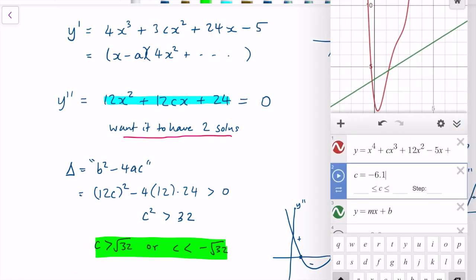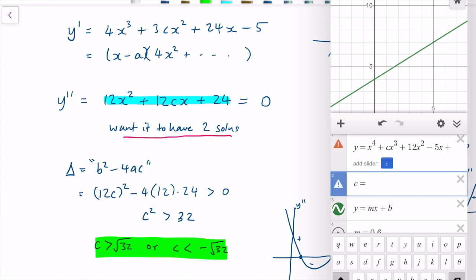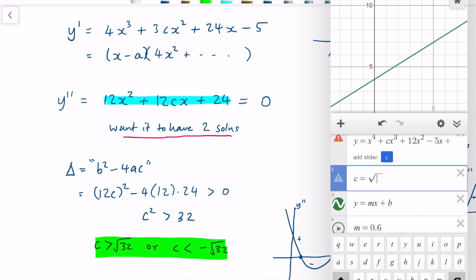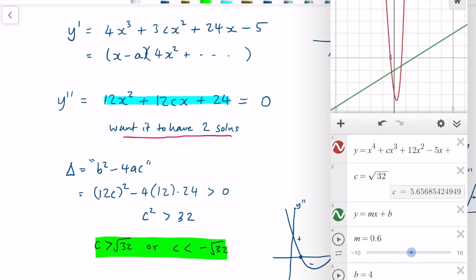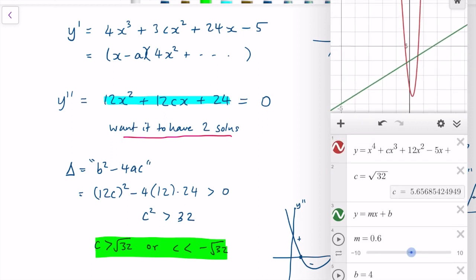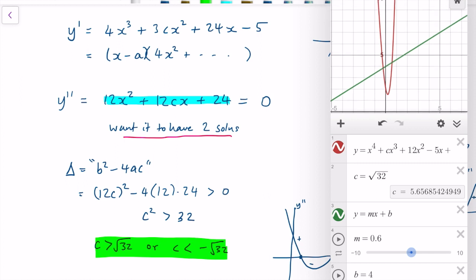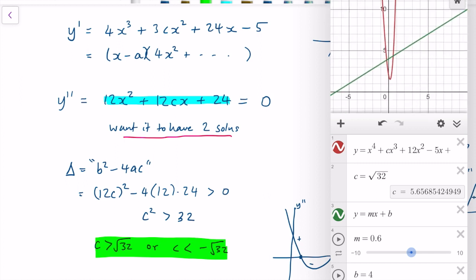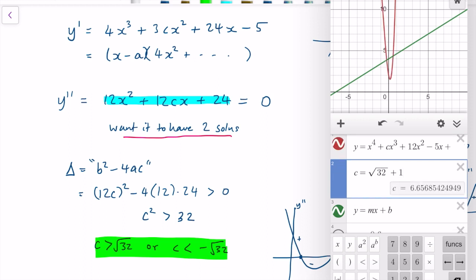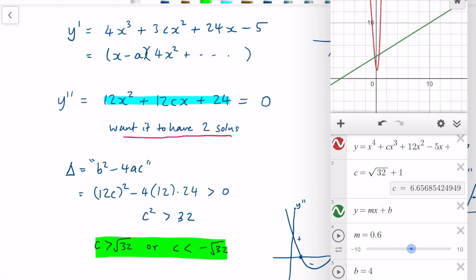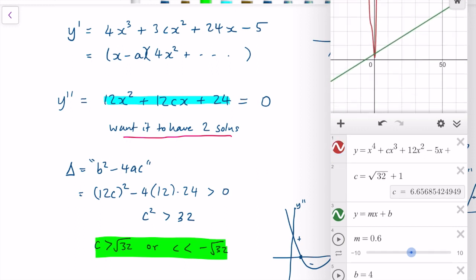And if we just check that on here, put in square root 32 as one of the boundary points, we can see there that there are no stationary points. But then if I just add a small number to it, like 1, it doesn't look like we've achieved it unless we zoom out.